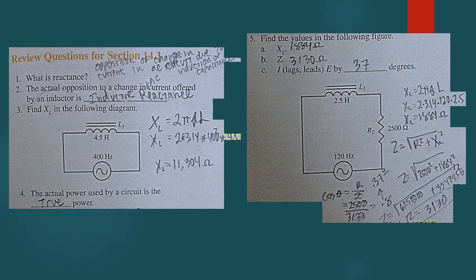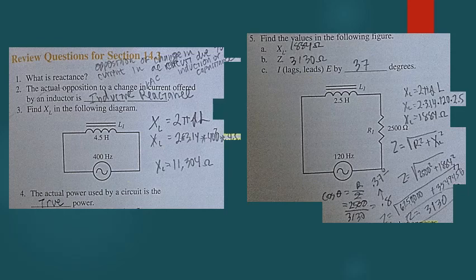For the first one, XL, your inductive reactance, again we use the formula 2 pi F L. In this case we have 2 times 3.14, which is pi, times 120 Hertz, which is our voltage frequency of AC, times your inductor size in henries, which is in this case 2.5, and we get 1884 ohms.